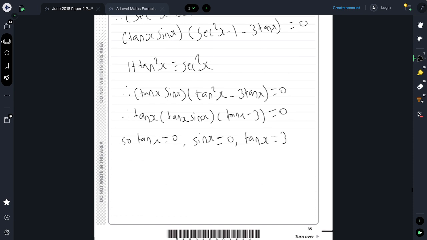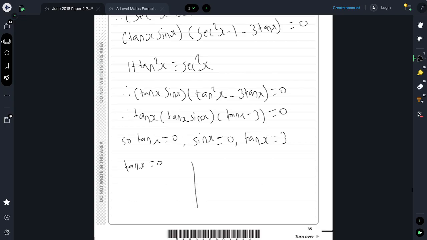Like I said in the first part, every trig equation should boil down to solving sine of an angle equals a constant, cos of an angle is a constant, or tan of an angle is a constant. That's exactly what we've got here: tan of an angle is 0 or 3, or sine of an angle is 0. That's the idea of trig equations, to simplify so it's in this form. Now we can solve it. Cool. So tan x is 0.